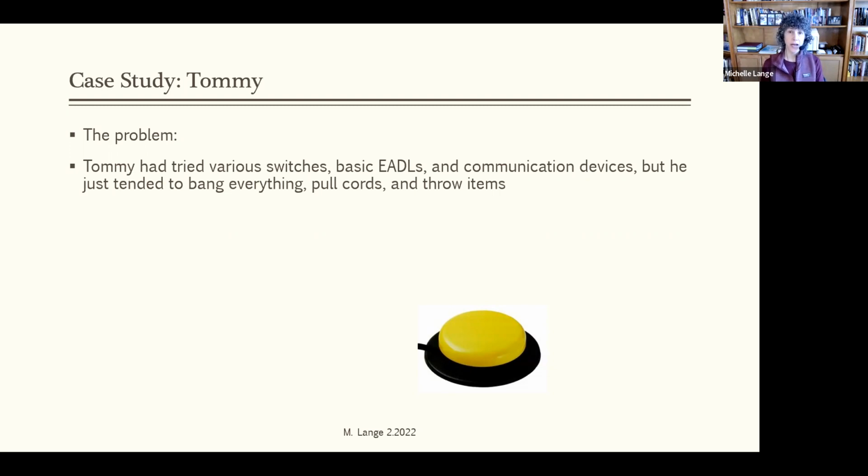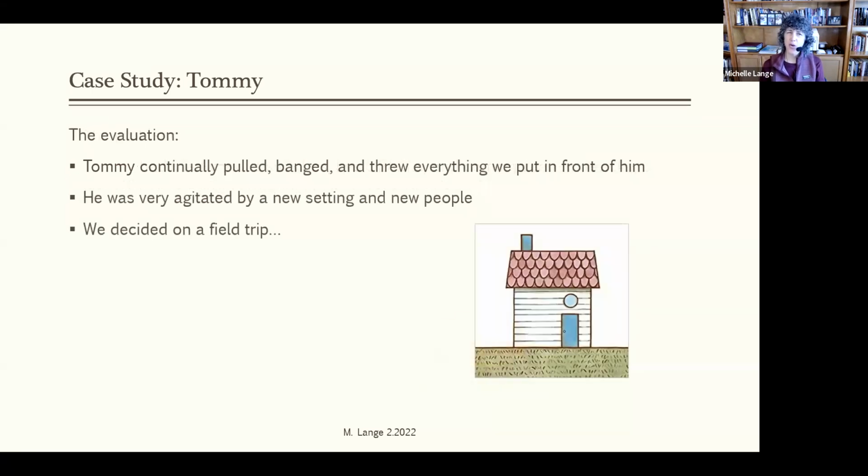He didn't recognize any of these items as a tool, as something that would be beneficial to him. Everything was just something to explore with his hands, bang, pull, and throw. And he would get very frustrated with people who kept presenting these items to him. He had no context.